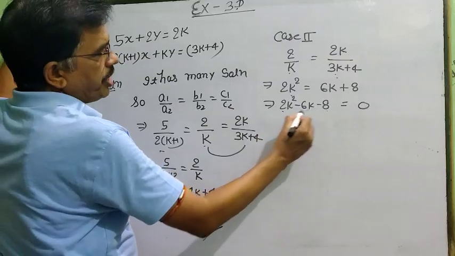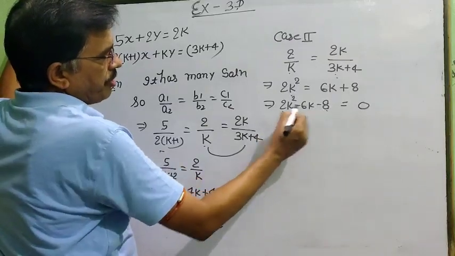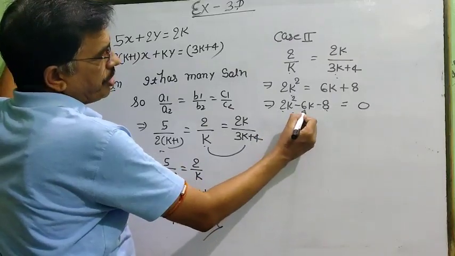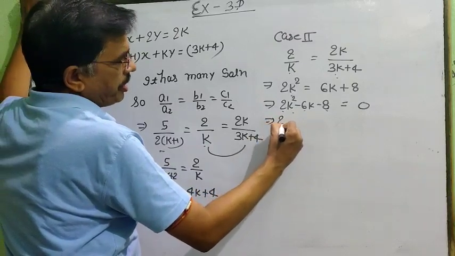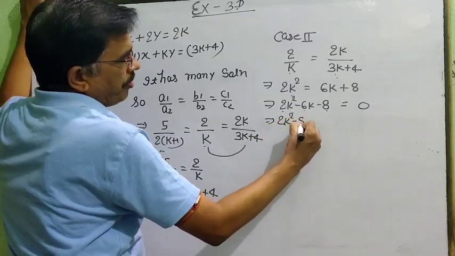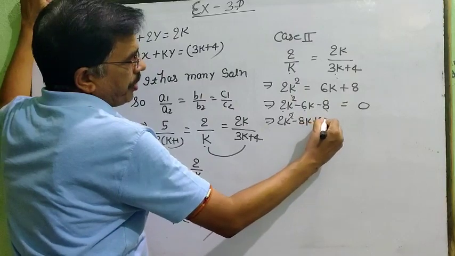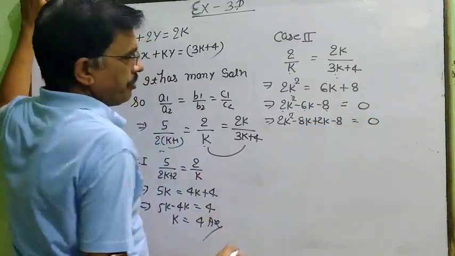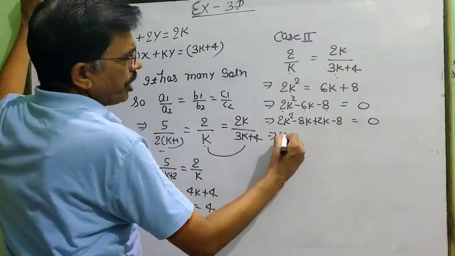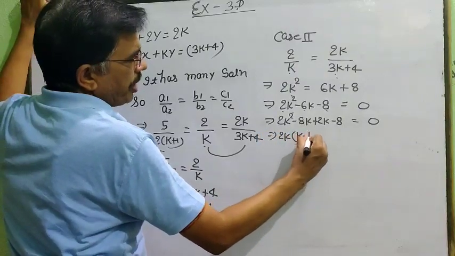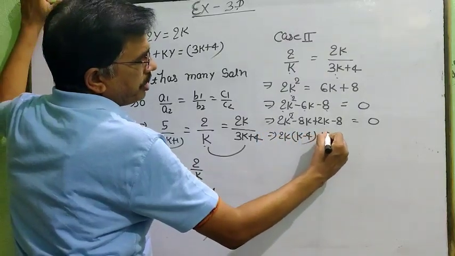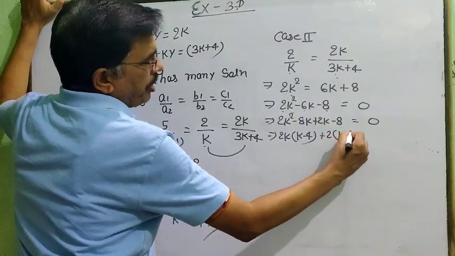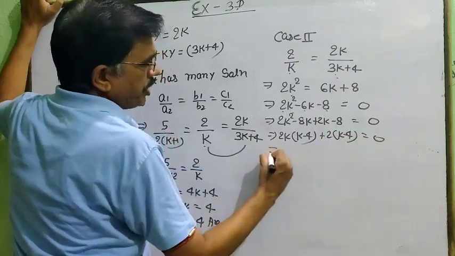Now it is solved by the middle term method. 2 into 8 is 16, and you have to take 6k, then you can split it. 2k square minus 8k plus 2k minus 8 is equal to 0. Here 2k is common, then it is k minus 4. Here 2 is common, then k minus 4 is equal to 0.